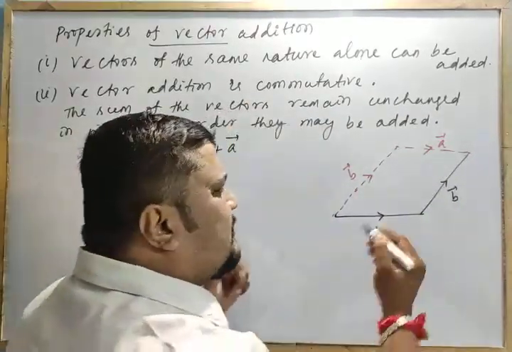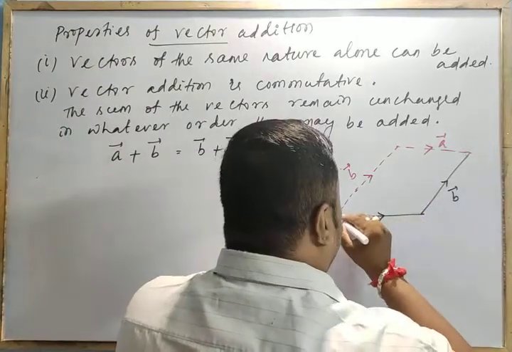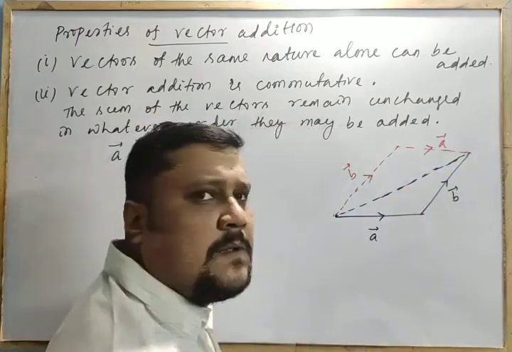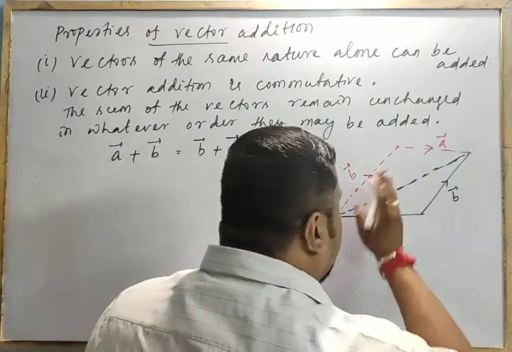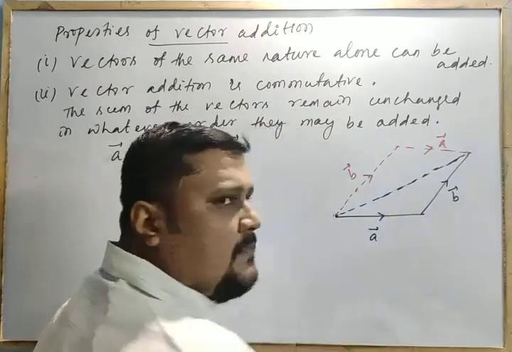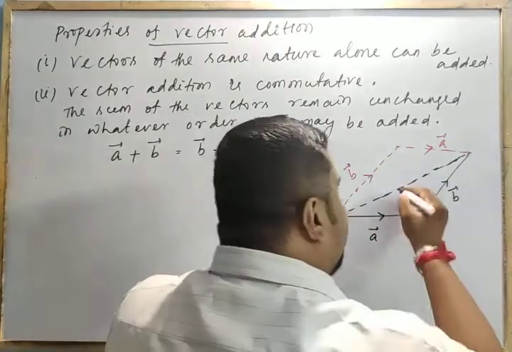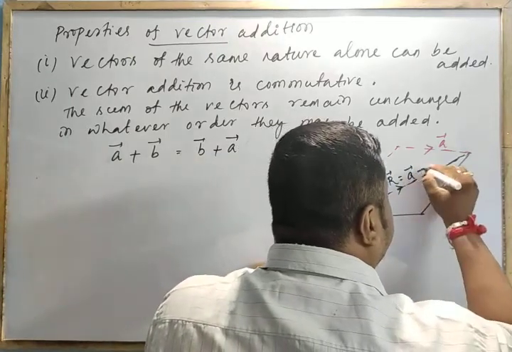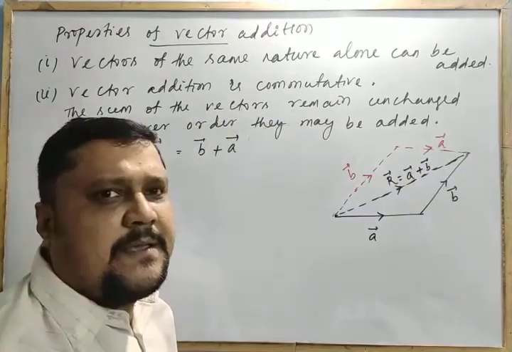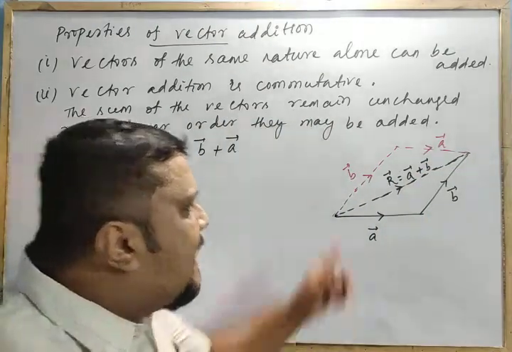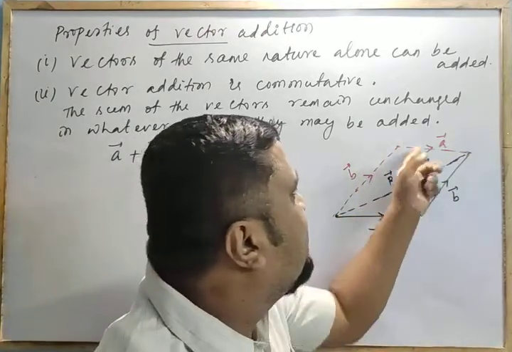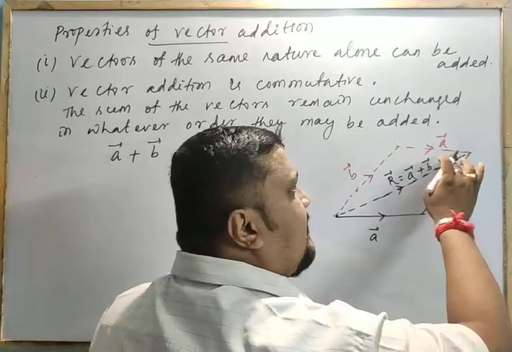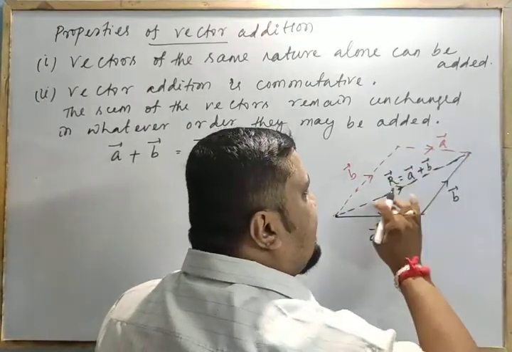Same thing. So now I will do this one. Let me apply the triangle law. According to triangle law, forget about this red color. A and B are the two vectors. What is the resultant? This is the resultant R. What is this R? I will say A plus B. Is that clear? Now, what is the resultant of B and A? B and A are in the same order, so the resultant will be in the opposite order at the side of the triangle.